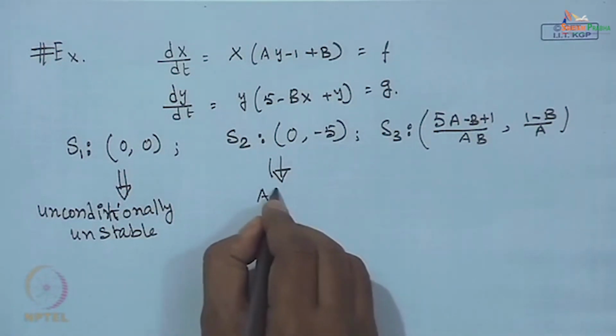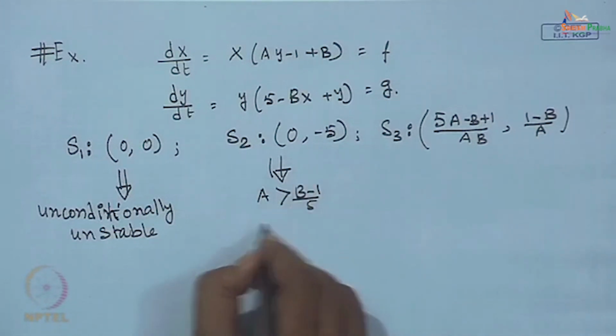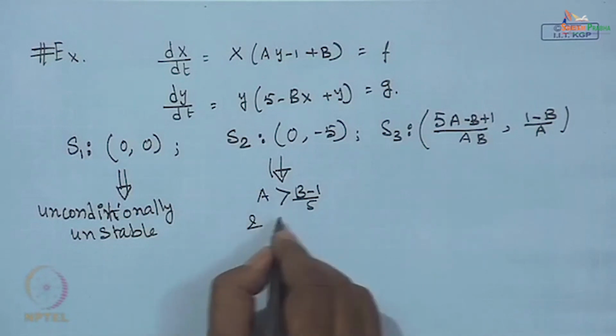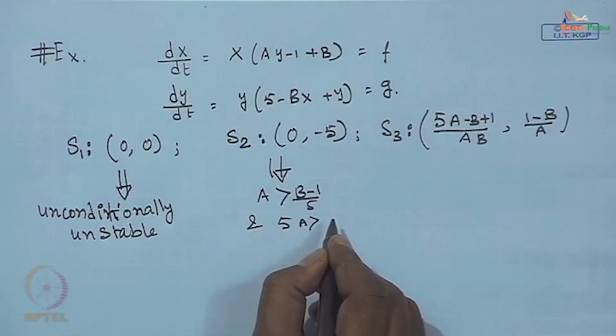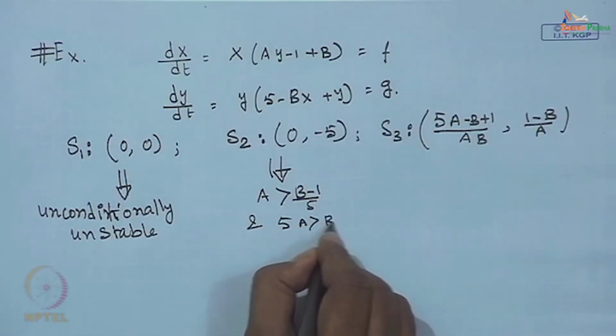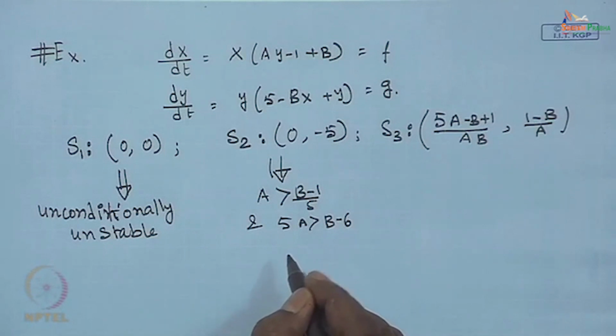If a is greater than (b minus 1)/5 and 5a is greater than b minus 6, then this is the condition, these two are identical conditions.